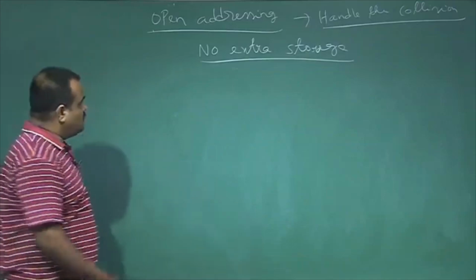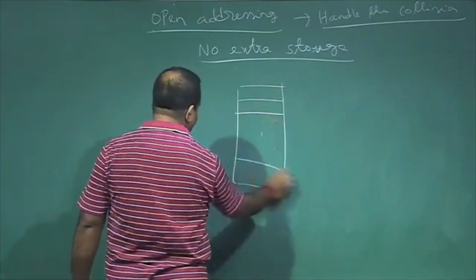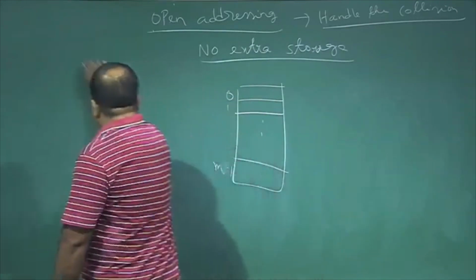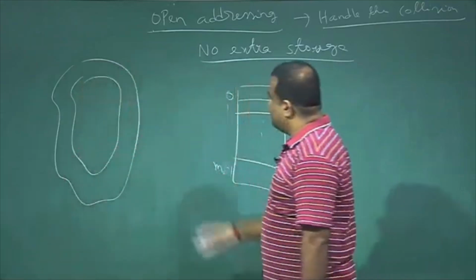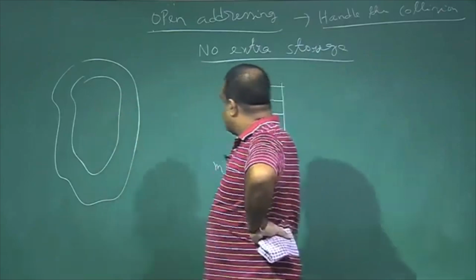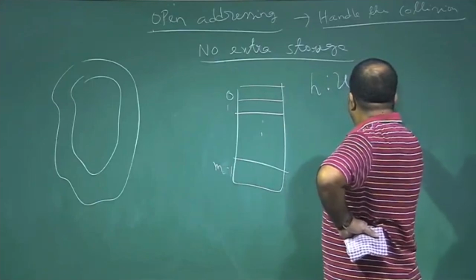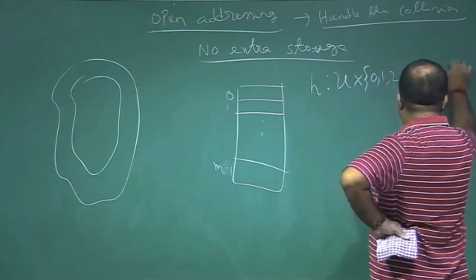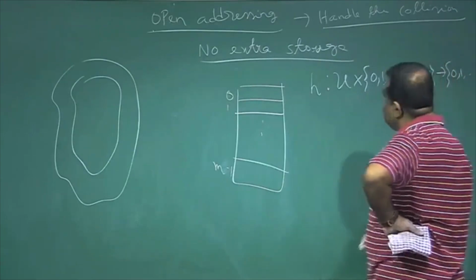Here we have a table of size m, with slots 0 to m minus 1, and we have a family of hash functions, k many.